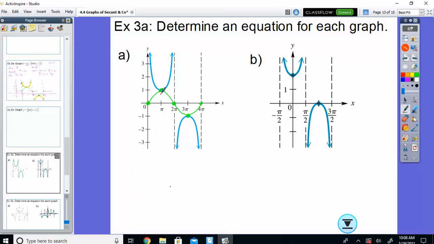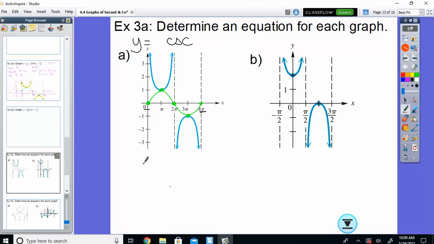Sine. So that means my curve is the reciprocal of sine, which is cosecant. So we have a cosecant graph. Is it flipped or anything? No. Is my amplitude different than normal? No. The only thing that is different is where it started and stopped.